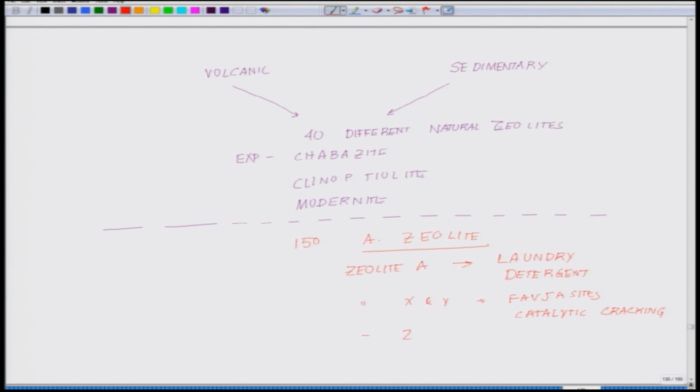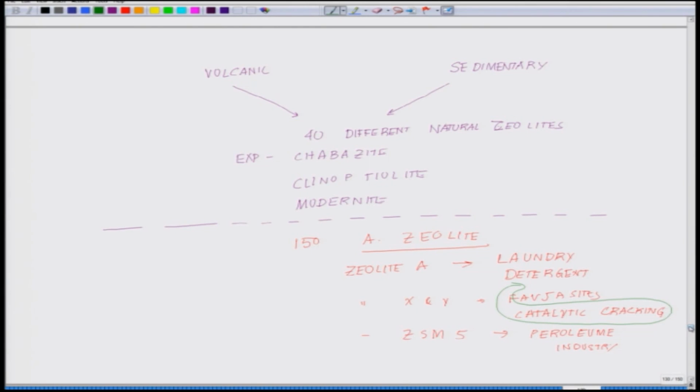Then you have ZSM-5, these are all used in the petroleum industry. Okay. Now, having given you a brief idea about zeolites, it is a vast subject. So, our concern, to reiterate, is this part, what this catalytic cracking is all about.